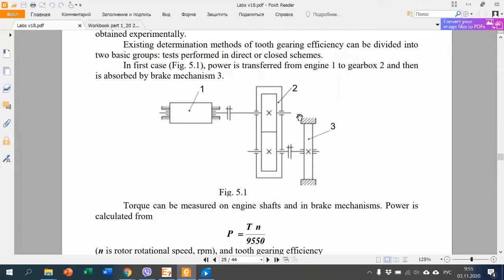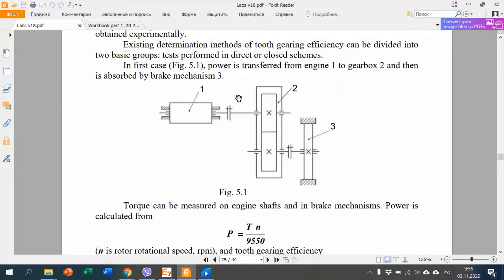And I told you that this type of scheme is very expensive because we need to apply power which we should use in this mechanism in normal conditions, and we should dissipate this power.